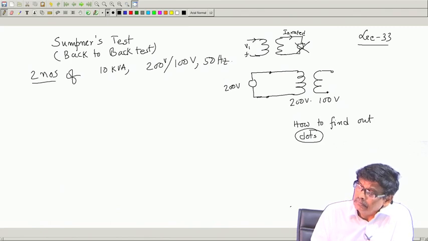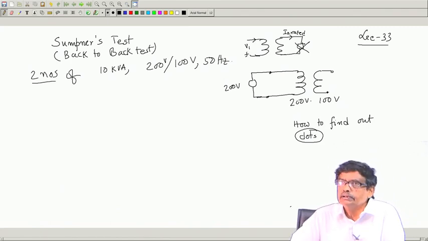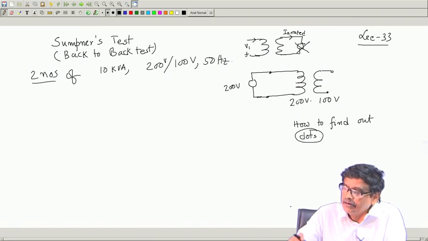But you are free to choose one dot terminal of any of these windings.